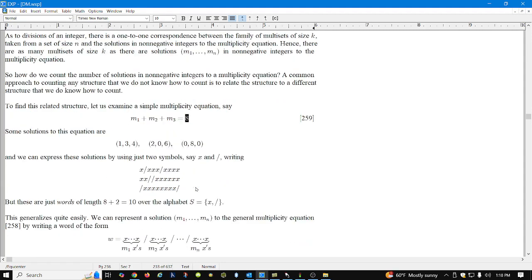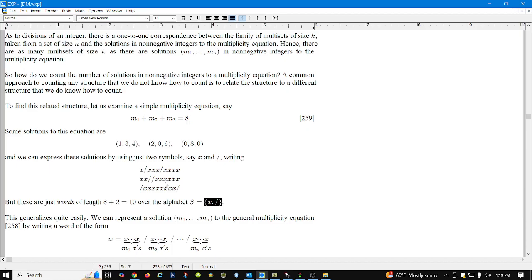Okay. Well, these are just words of length 8 plus 2, 8 x's and 2 slashes. So that's 10. Words of length 10 over this alphabet of size 2. Any solution to the multiplicity equation can be written as a word of length 10 over this alphabet, and any word over this alphabet gives us a solution to the multiplicity equation.